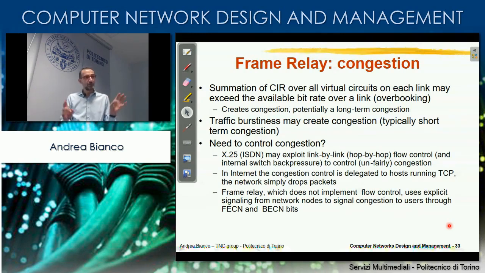But if you have a mechanism which is implementing flow control link by link, somehow this mechanism is reacting if there is congestion. It's reacting in a very bad way, but it's still doing something. But in this case, we don't even have flow control link by link in frame relay. So we absolutely need to do something about congestion. Any question?